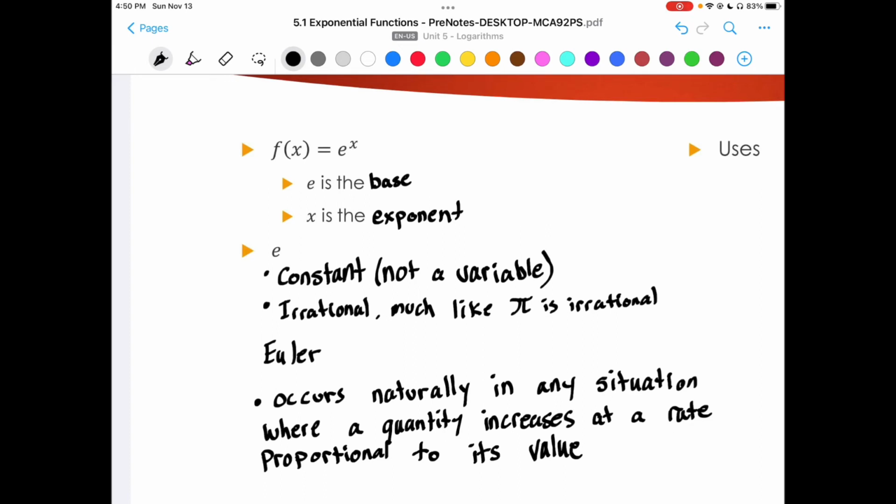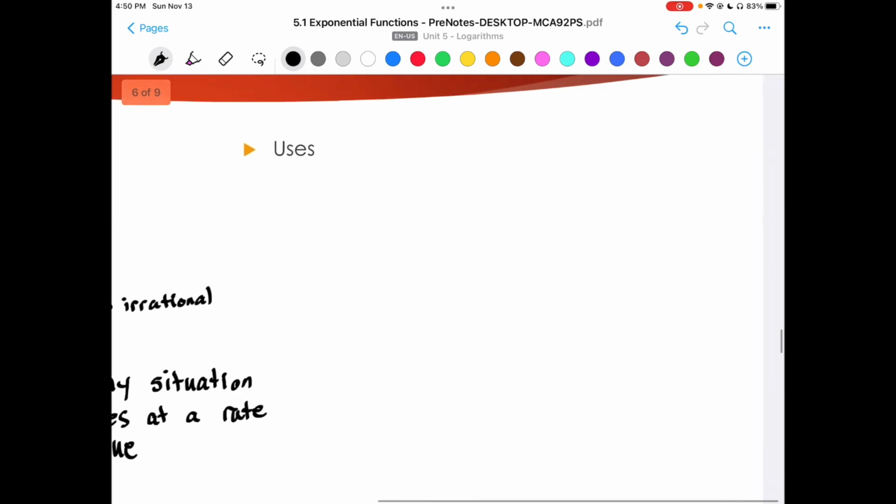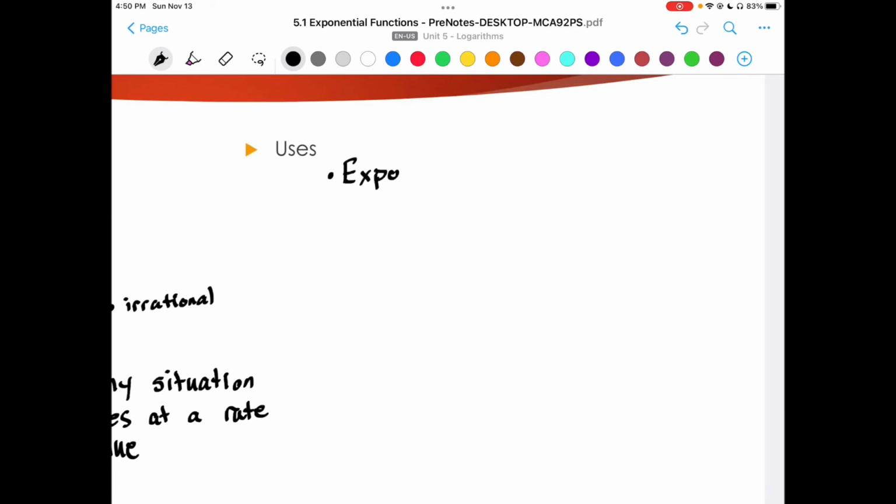It occurs in nature, and we see it pop up all over the place. We use it a lot, and we will use it a lot in problems of exponential growth and decay. Those are huge ones that we use it for. We'll use it in what are called natural logarithms.